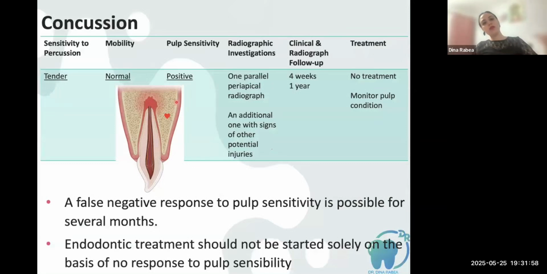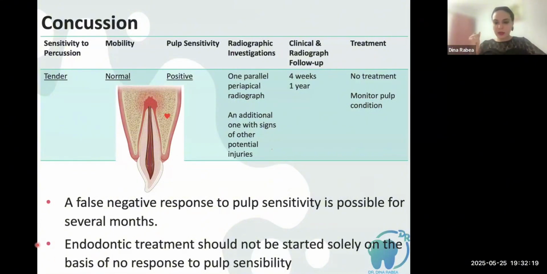So again, we start with the mild luxative injury, concussion. Concussion is very regular to all of our teeth. It's very mild.